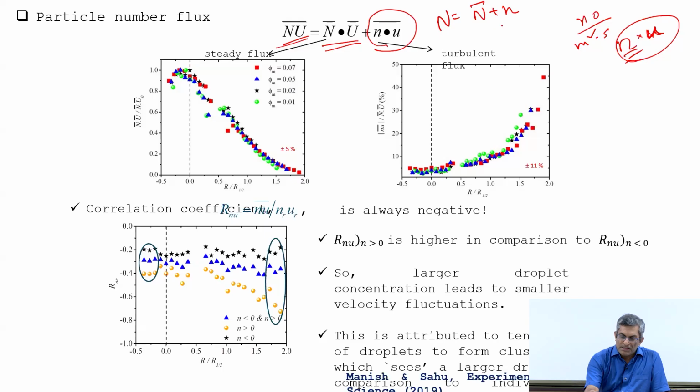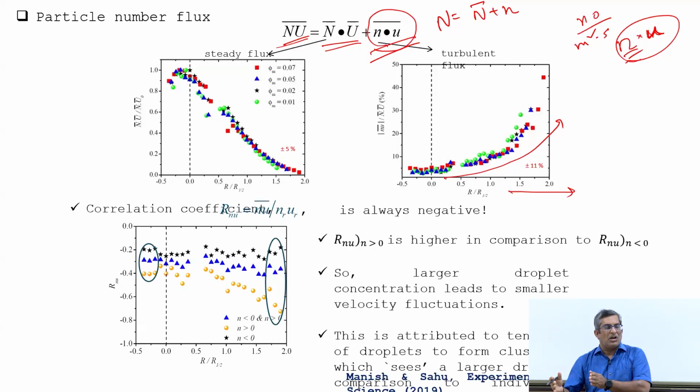And now this parameter was calculated and you see this parameter was found to increase towards the edge of the spray, and we have just seen that as you move from the core region towards the edge of the spray, the degree of clustering also increases. So as the intensity of clustering increases, the magnitude of this parameter is also increasing.